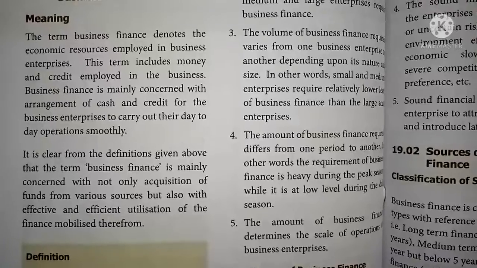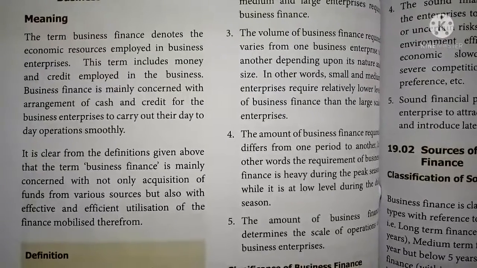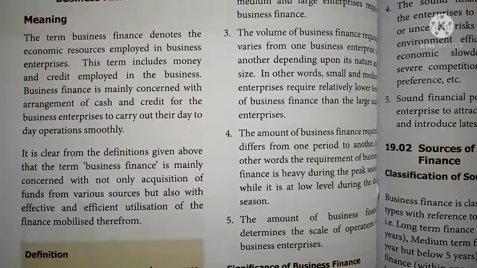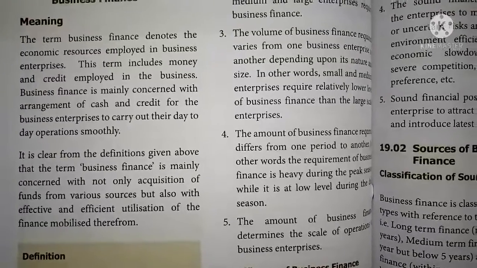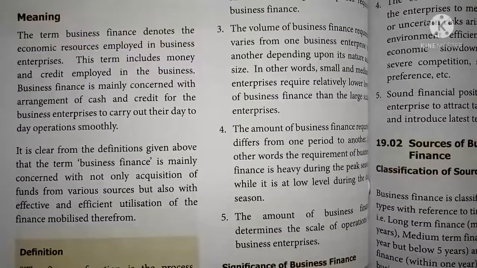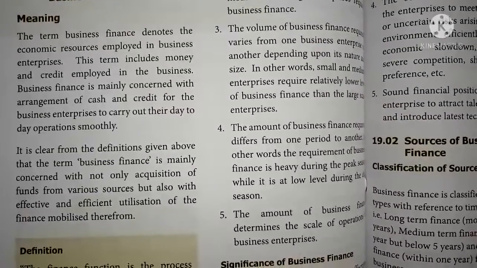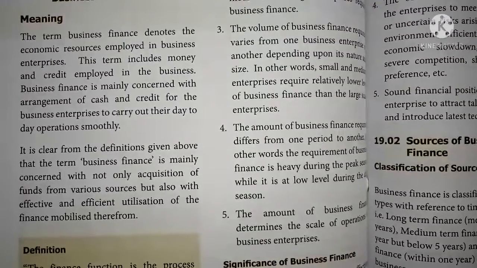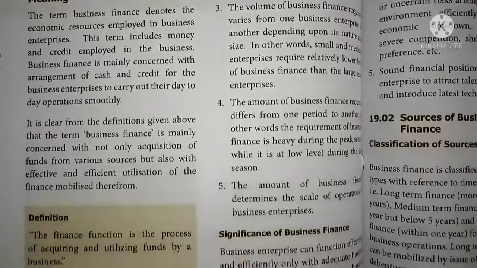Business finance is mainly concerned with the arrangement of cash and credit for business enterprises to carry out their day-to-day operations smoothly. So what are the arrangements made by the business in order to earn these two aspects in a business concern? It is called business finance.